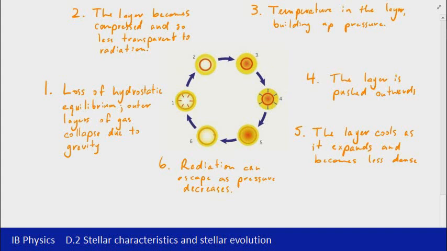Then as it comes around to steps 4, 5 and 6, that expansion happens fairly quickly, and so the brightness increases pretty quickly as well. So there's Cepheid variables. Two important things there: the fact that they can allow us to measure greater distances than stellar parallax, and also the way that the variation in the luminosity of the star occurs.